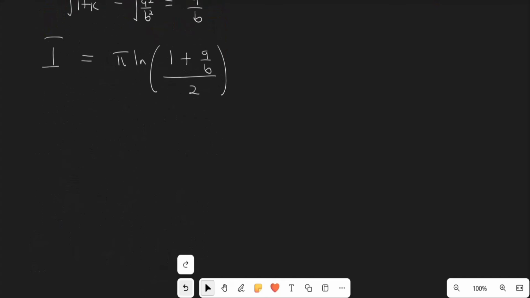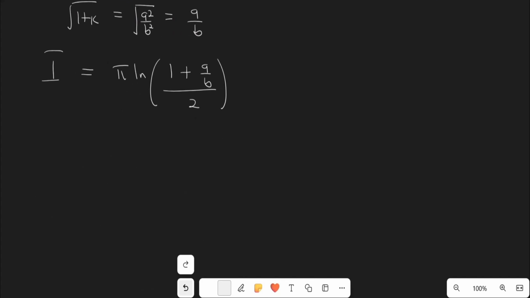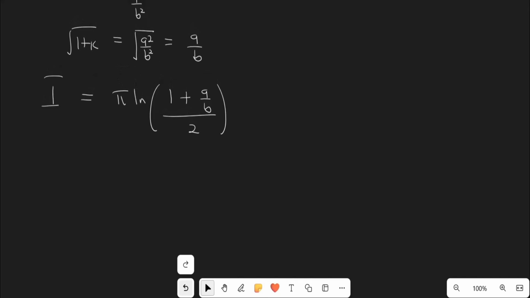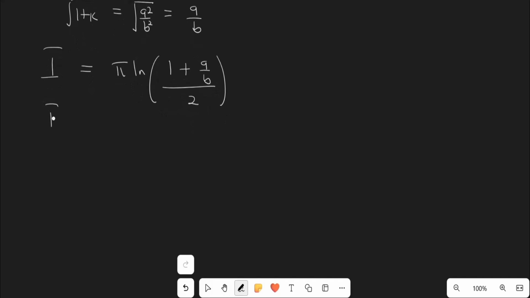Now let's simplify this one. So this is I, this is going to be pi multiplied by the ln of a plus b all over 2b, like this. So this is what we have.